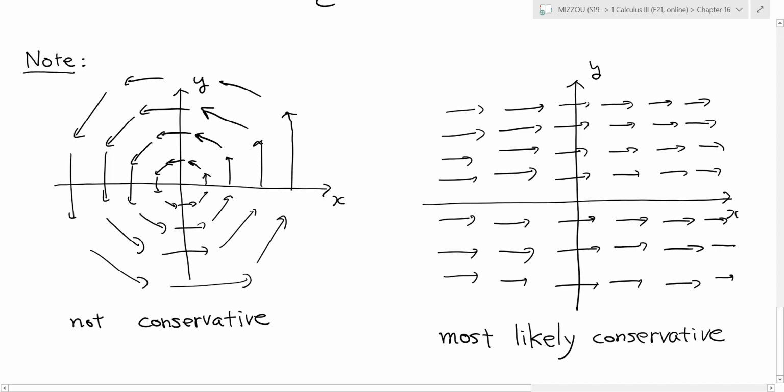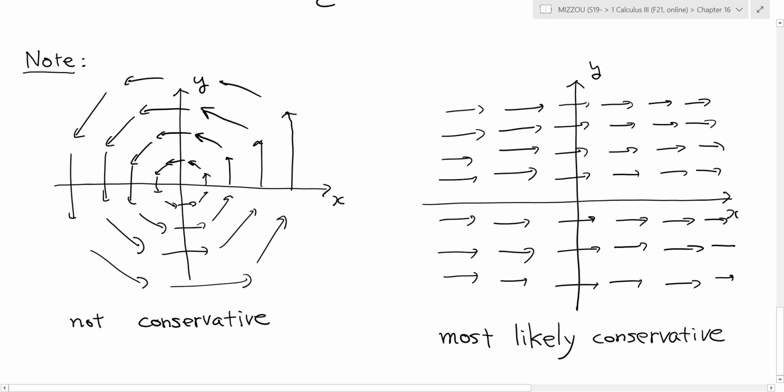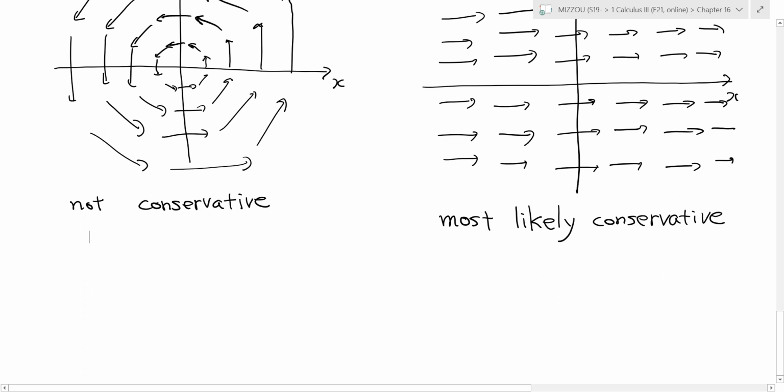Okay, so this is not really a rigorous way of telling if a vector field is conservative or not, of course. You want a more mathematical way of finding out if a given vector field is conservative. Here's a nice theorem to tell if a given vector field on R2 is conservative.